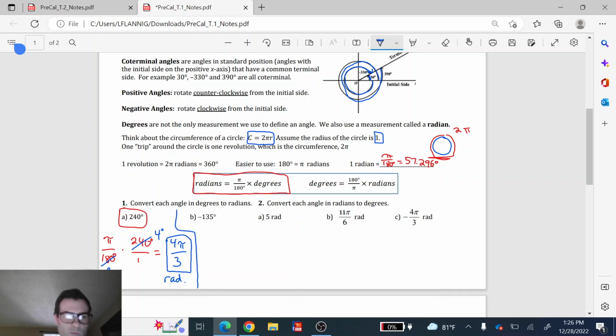Now you have negative 135 degrees, and you want to convert that into radians. Same idea, you just take pi over 180 degrees times negative 135 over 1. Same process. Go ahead and try that on your own before I show it on the video. It shouldn't be too hard. We can see these are also divisible, this 135 and this 180.